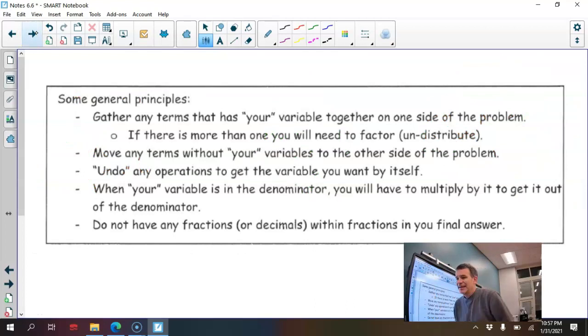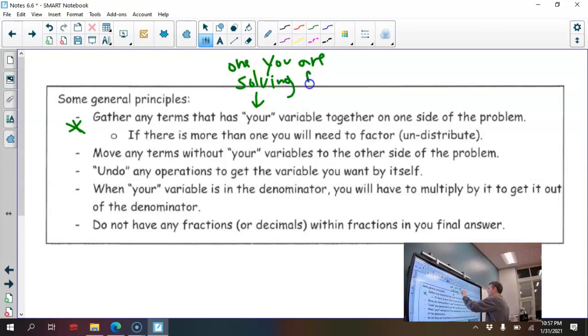All right, on the back, the examples are tougher. And again, I've put each one on here for a specific reason, so I hope you'll follow along. Up at the top here, I've given you some general guidelines. And this one is important: gather any terms that have your variable, and by your variable, I mean the one you are solving for.